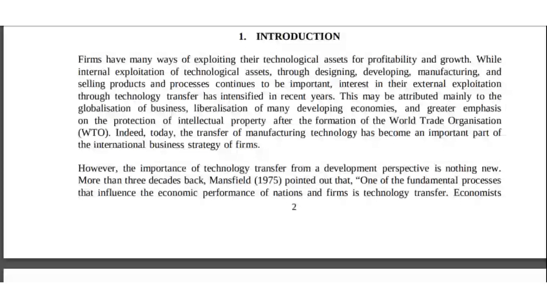So going down here, technology transfer is an area of interest, not just to business, economists, and technologists, but also to other disciplines such as anthropology and sociology, etc. So while anthropologists emphasize the impact of TT, technology transfer, on changes in patterns of culture and society, sociologists are more concerned with its role as a vehicle to develop the capacity of individuals and societies to cope with modernization and related changes accompanying that.